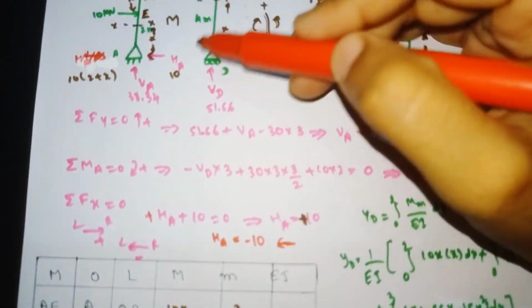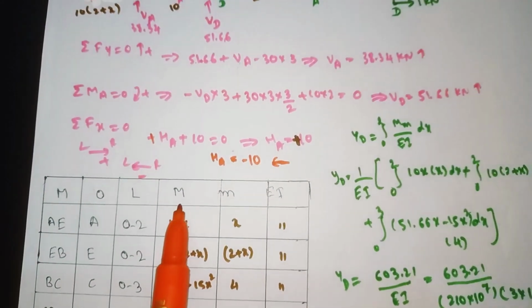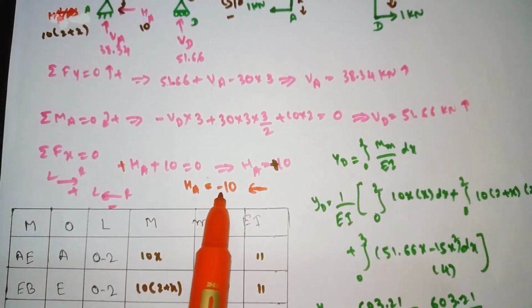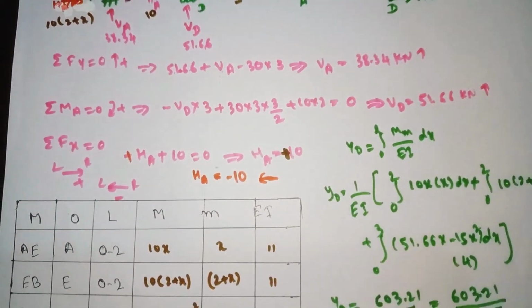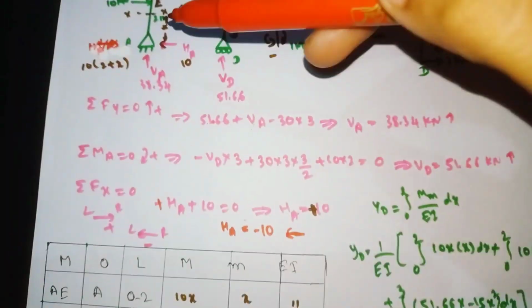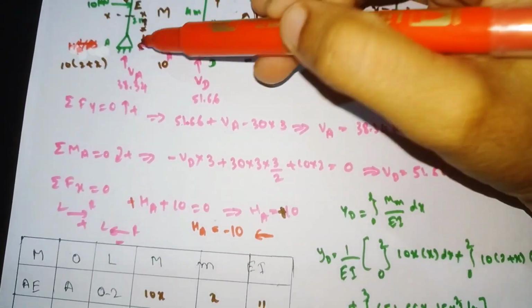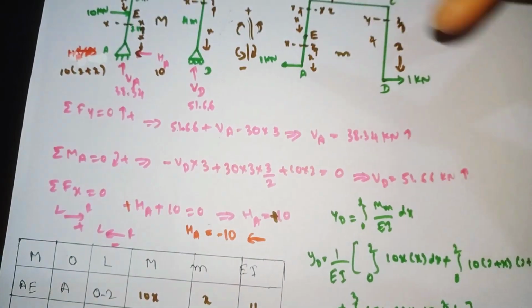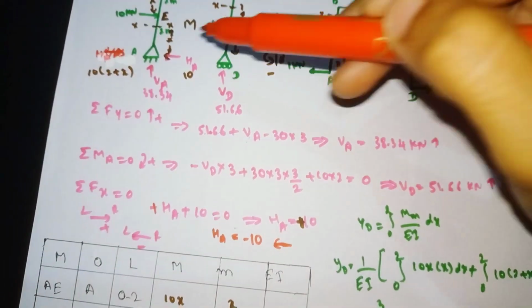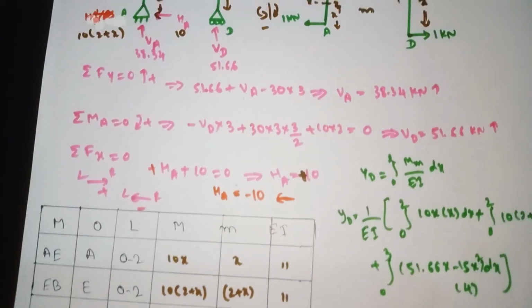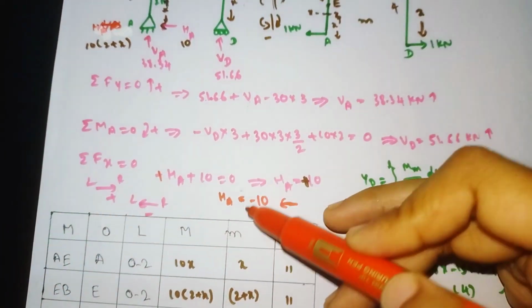So all the values for M and M1 will be the same after changing this minus 10 value. See here for M1, our HA is moving clockwise, and clockwise means we take positive, like this. So 10 into x, and everything will remain the same after this.